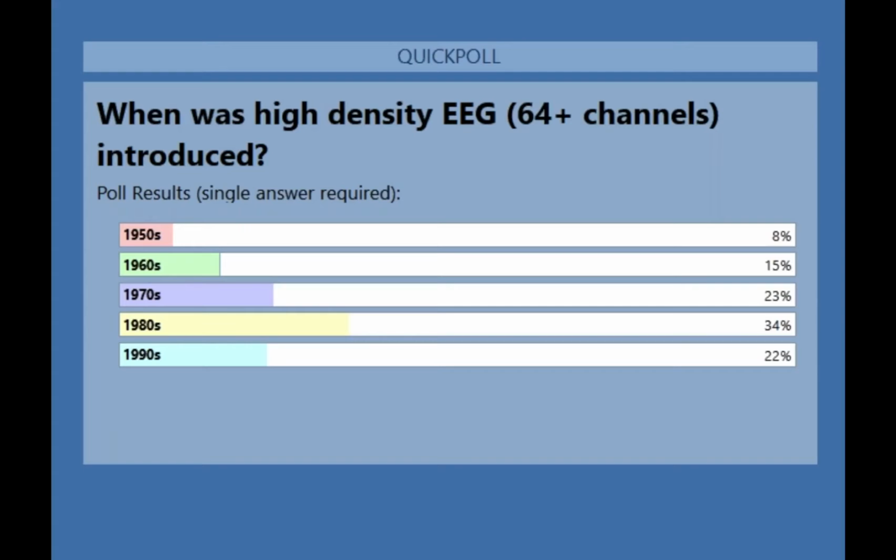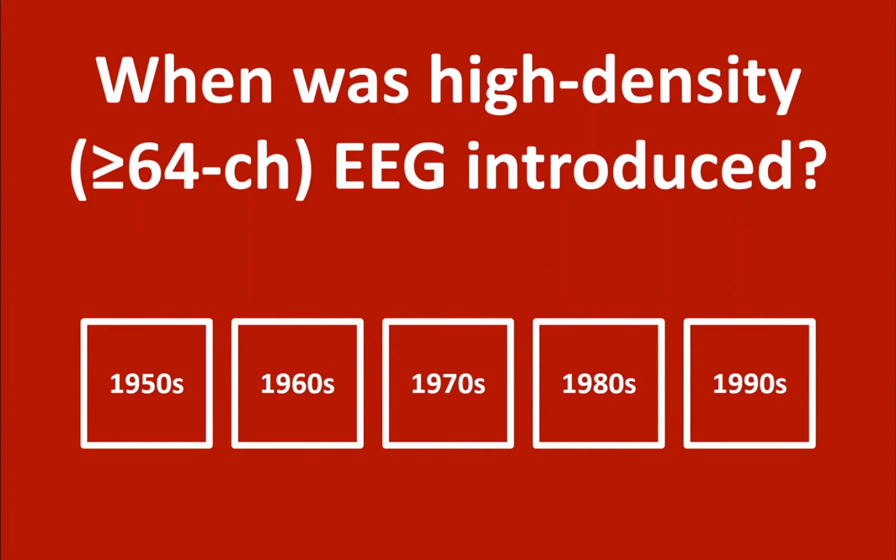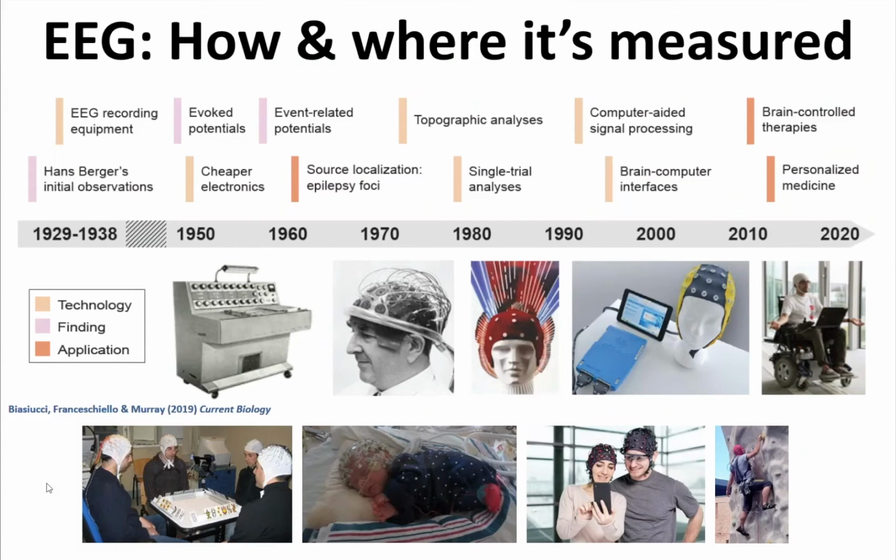So indeed, EEG has been around since the late 1920s, and it's been developed not only from a technical standpoint, but also in terms of findings and basic findings and applications.